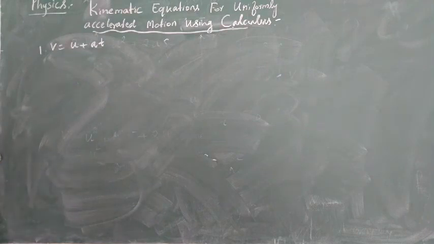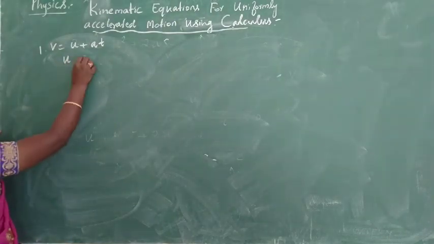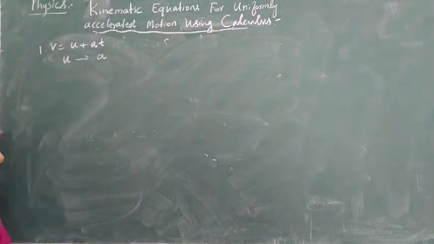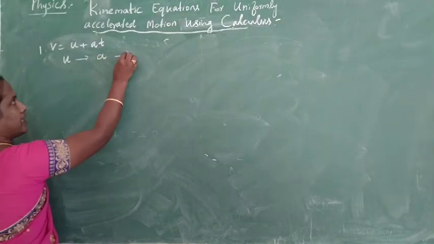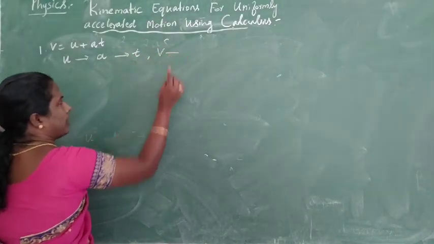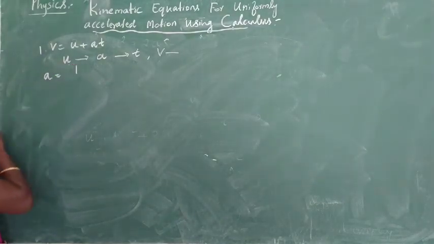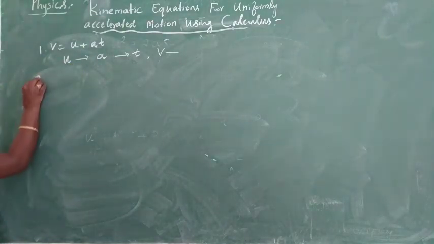For this also, consider an object moving with initial velocity u with a uniform acceleration a for a given time interval t. Let v be the final velocity of the object. We know what acceleration is: acceleration is nothing but the rate of change of velocity.